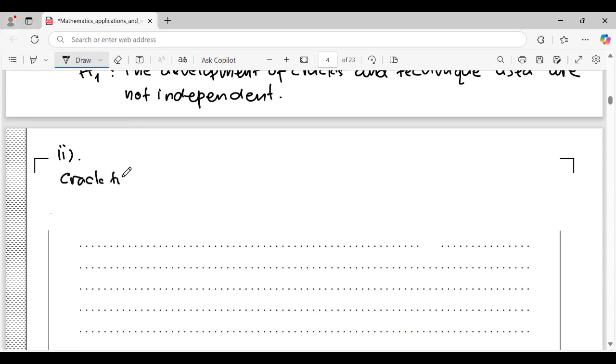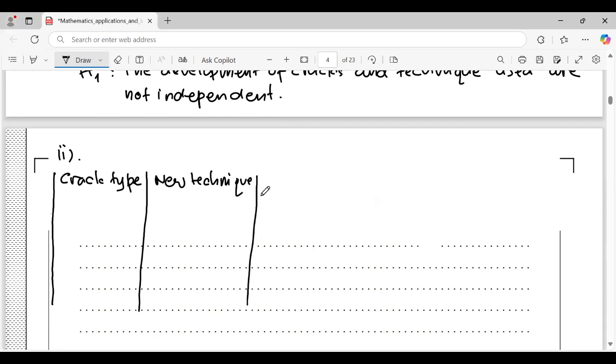Type, after that new technique, and then current technique, and total.